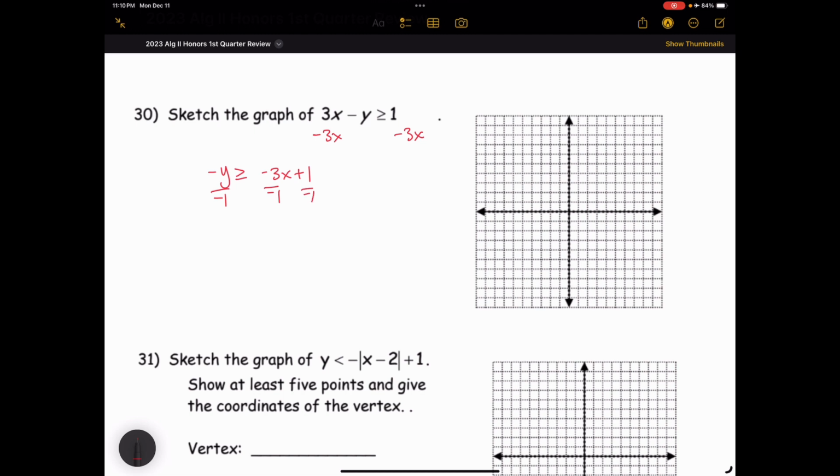So this is going to be y greater than, actually, it's going to flip. So we're going to get y is less than or equal, because it flips, 3x minus 1. -1. That's the y-intercept. We're going to go up 3 over 1. Up 3 over 1.